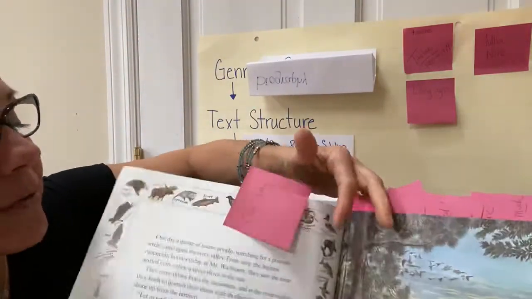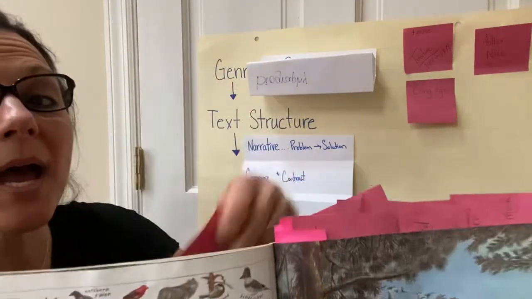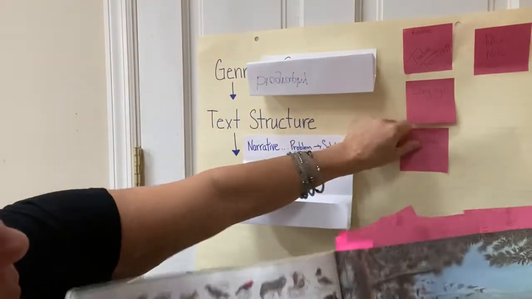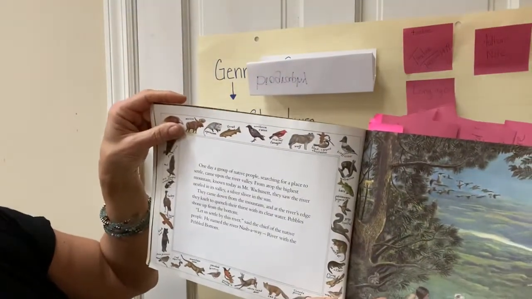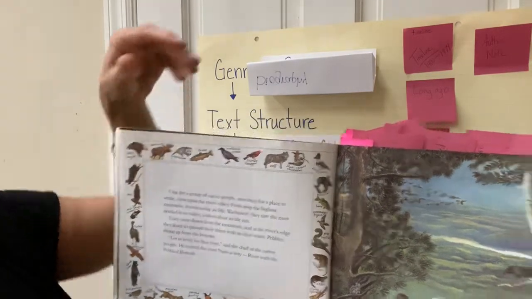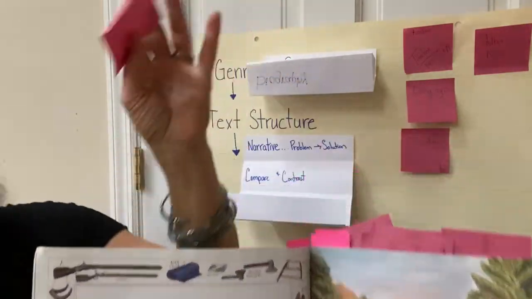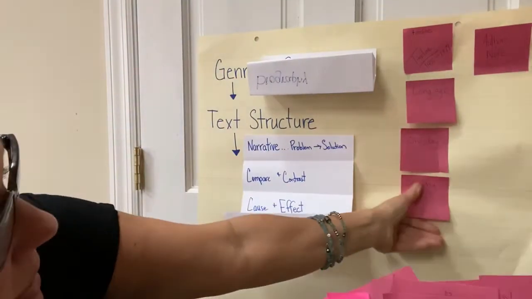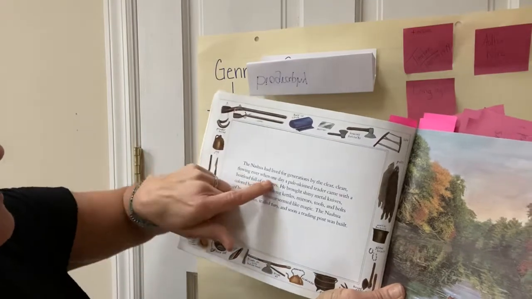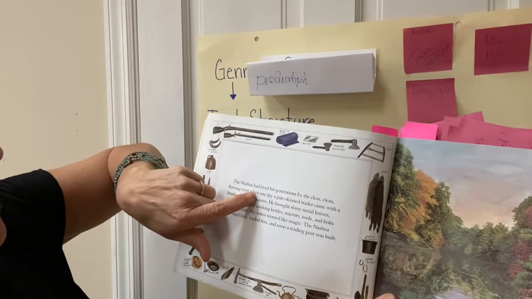The next one I found was helping me with time moving through. One day, a group of native people searching for a place to settle came upon the river valley. The next one I came upon was also one day, in the middle of a sentence.